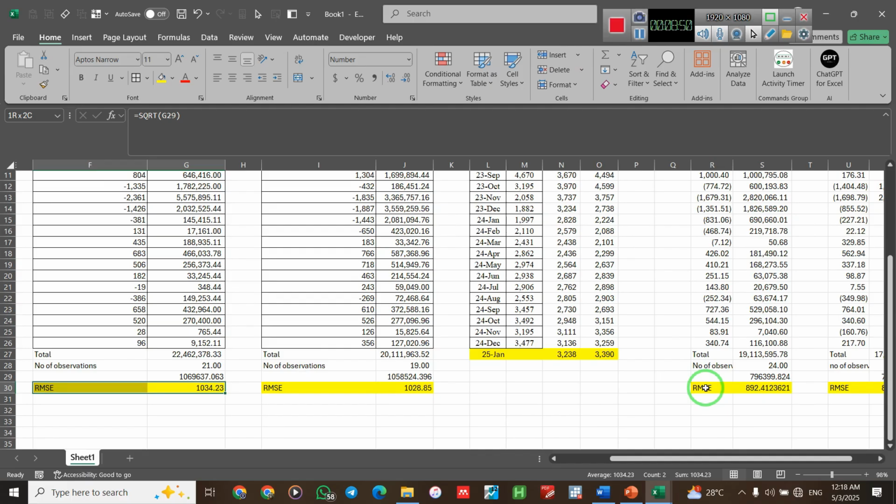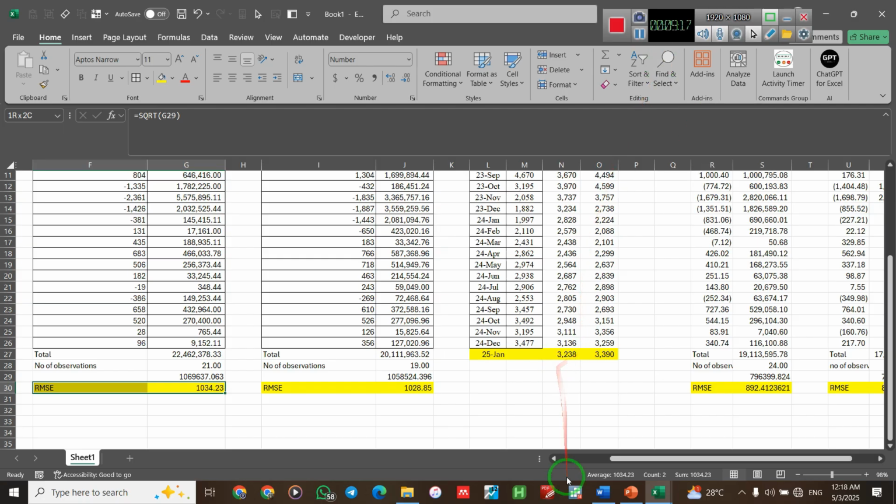And also you can say that using exponential smoothing is better than using the moving averages, right? So you can say that using exponential smoothing is better than using moving averages.